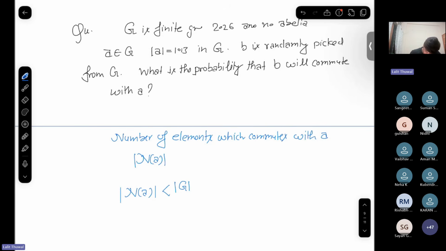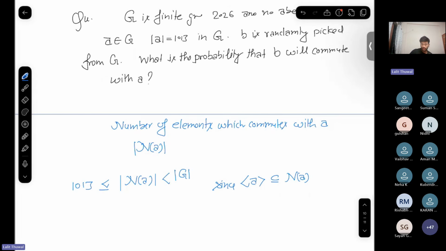And the cardinality must be greater than or equal to 103, because the cyclic group generated by A, all the powers of A, is inside N_A. So that will have order 103. It means the order of N_A is at least 103.